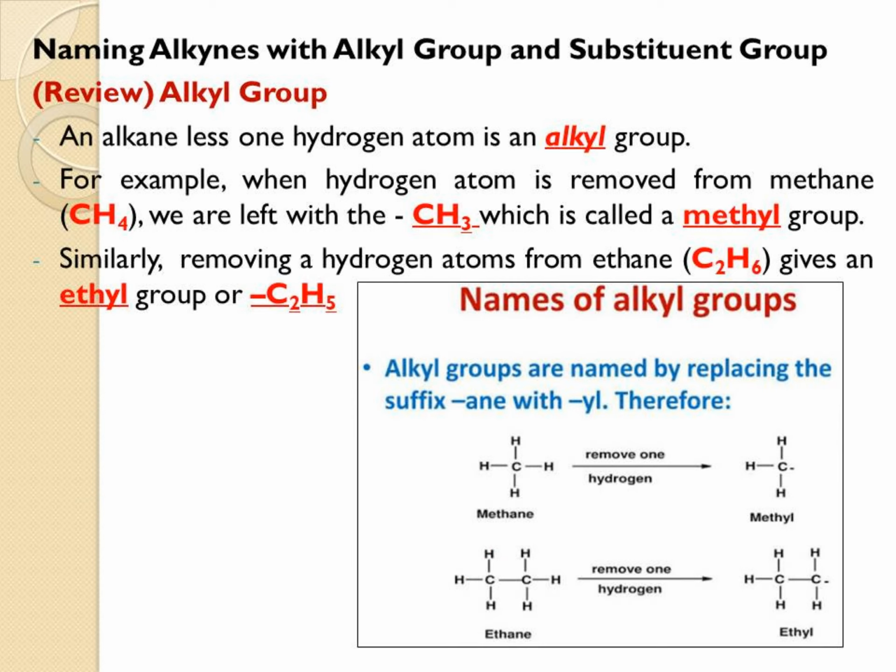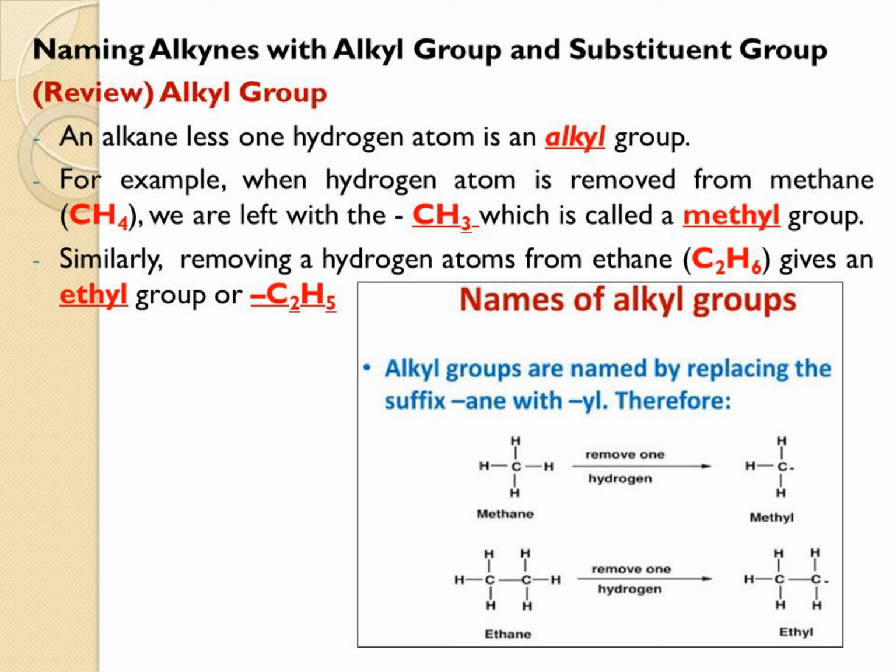In the next slide, we will have a review of the alkyl group. We know that an alkyl group is an alkane less 1 hydrogen atom. For example, when we remove 1 hydrogen from the simplest alkane, methane, CH4 becomes CH3 because we remove 1 hydrogen.